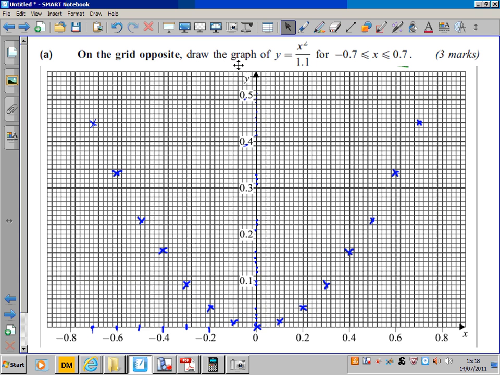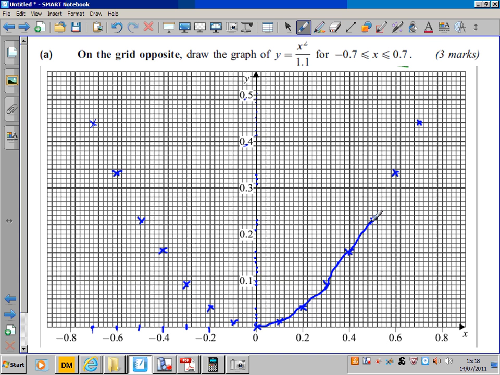It does say to draw the graph, which means that I need to join all these points up with a nice smooth curve that goes through all of the points. Again, it's got to be accurate to within half a square, so I don't want to be going wrong. This is quite hard to do on the computer, but easier to do by hand with a nice sharp pencil. So I'm going to start at the origin and carefully draw my way up.